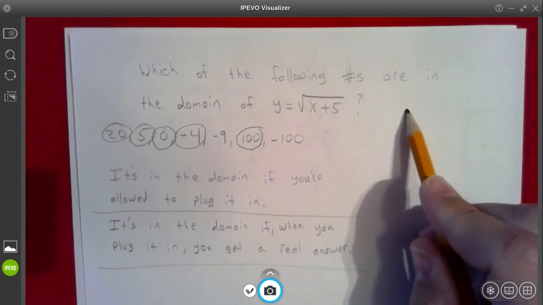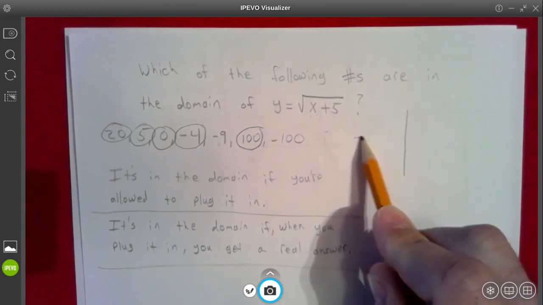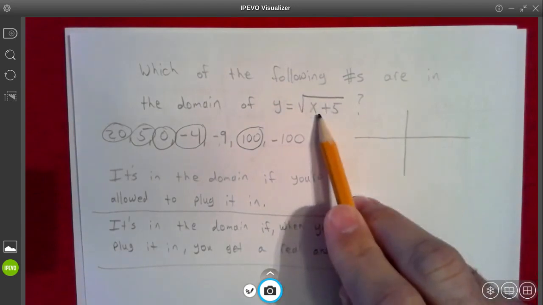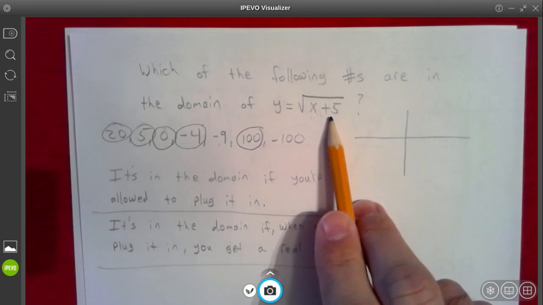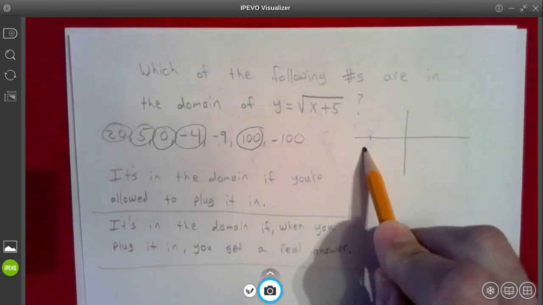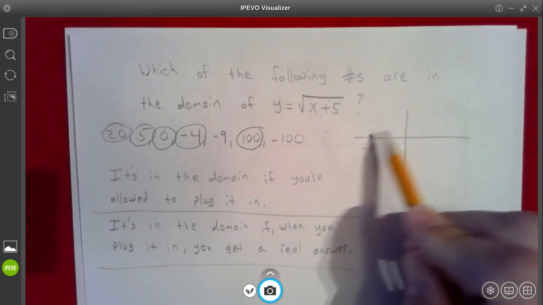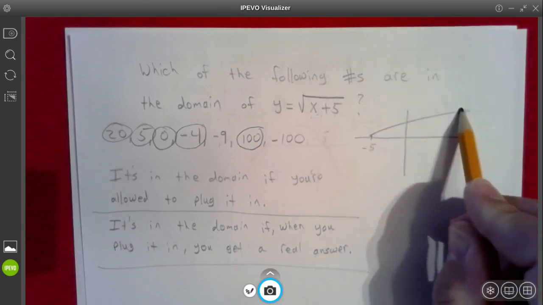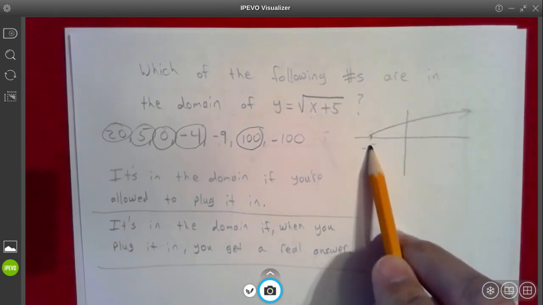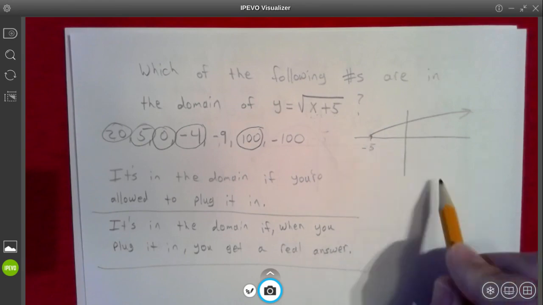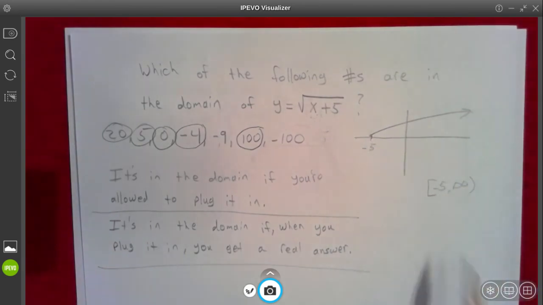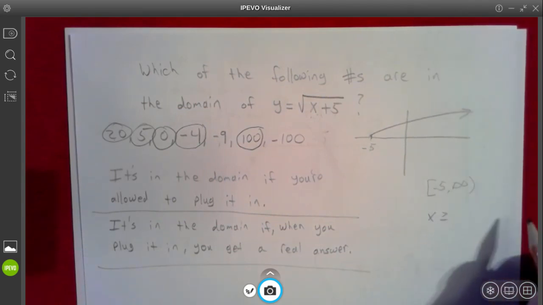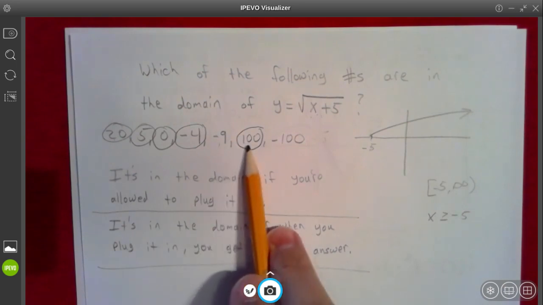We could have also figured this one out by simply graphing it, but we're going to try to answer these questions without drawing graphs. But we know what the graph of this looks like. It's the original square root function, but shifted 5 units to the left. So it starts at negative 5, and then it goes up and to the right forever. So the domain of this would have been negative 5 to infinity. It would have been all the numbers greater than or equal to negative 5, and that's the numbers we circled here.